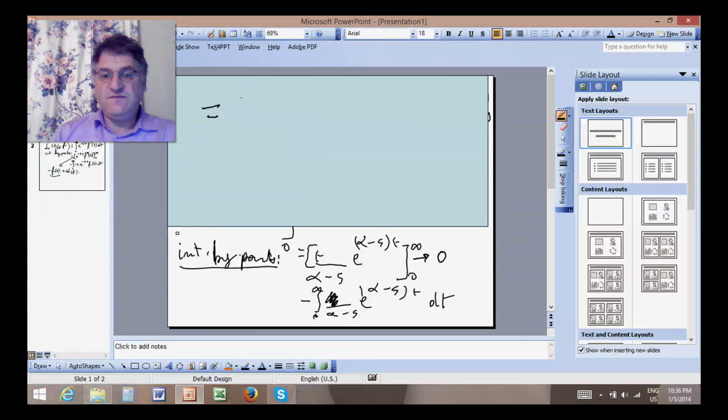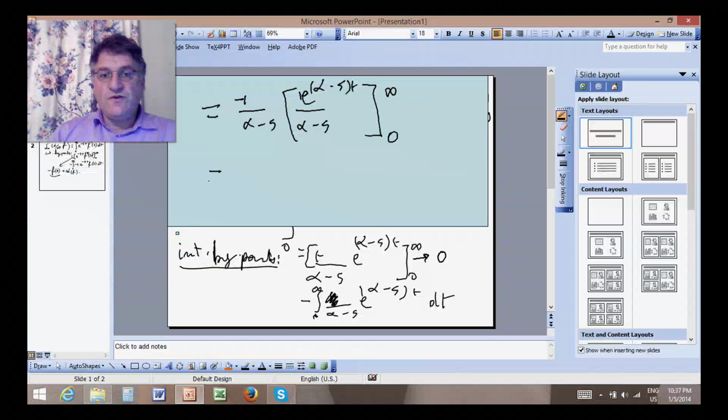But we obtain that this becomes 1 over (alpha minus s) minus 1 times 1 over (alpha minus s) e to the (alpha minus s) t taken between 0 and infinity, which also becomes 1 over (alpha minus s) squared, or 1 over (s minus alpha) squared.